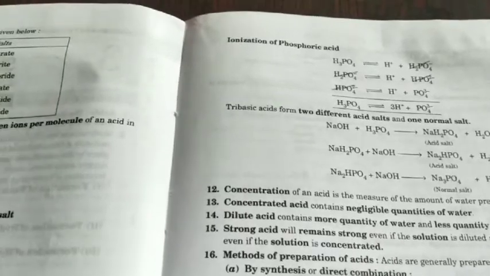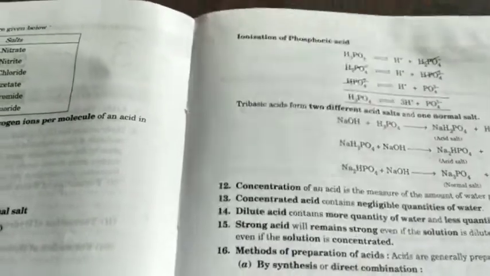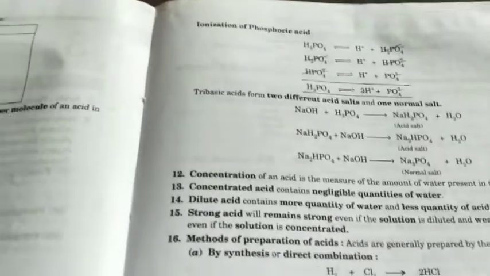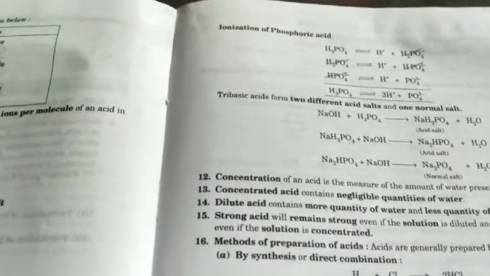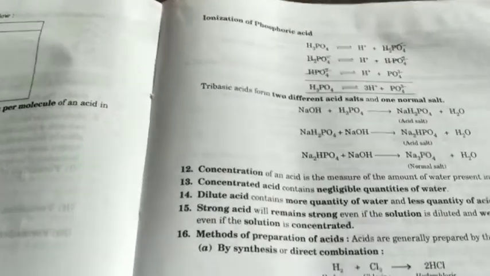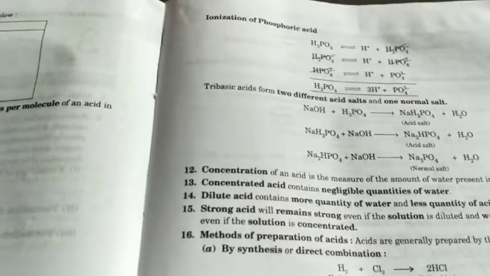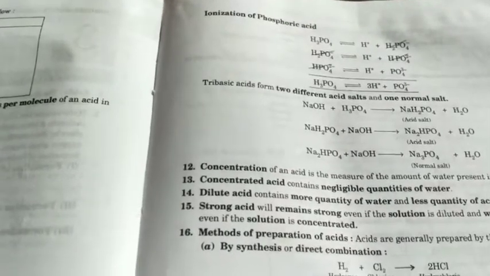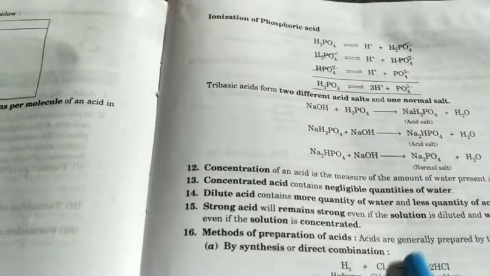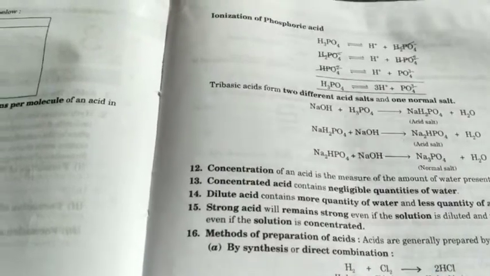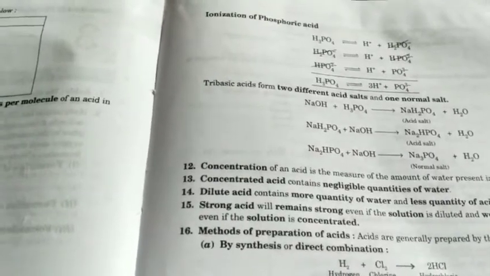First method that I explain here is by synthesis or direct combination. What is the meaning of direct combination? When hydrogen reacts with chlorine, then hydrogen chloride forms. Actually it is hydrochloric acid.